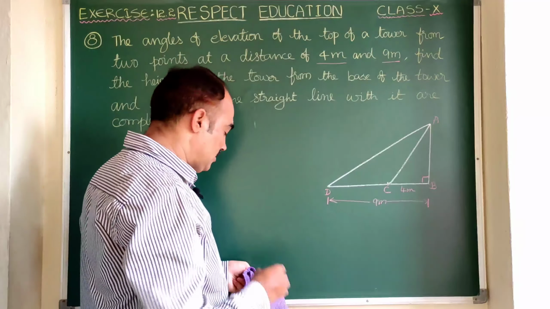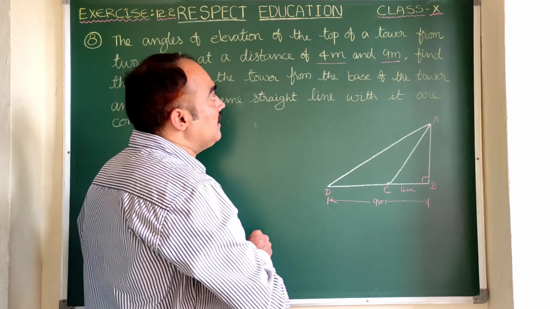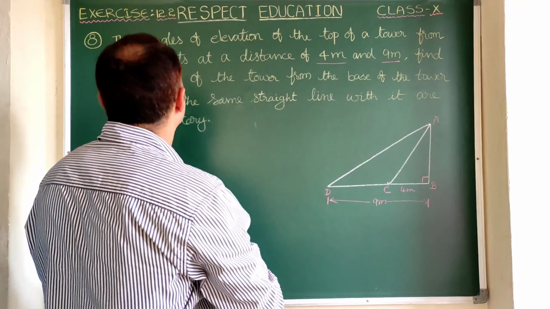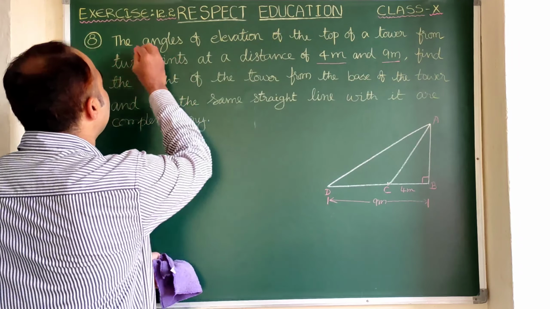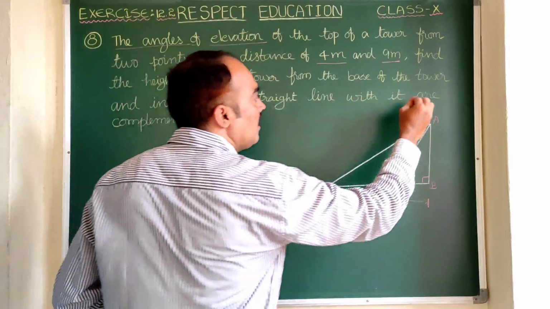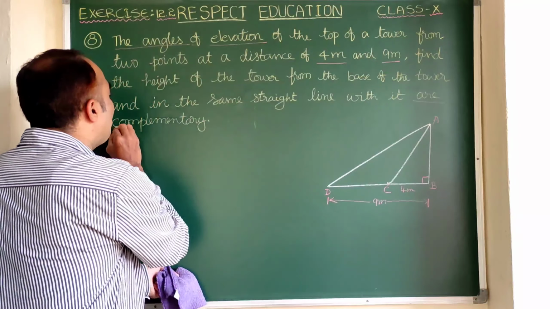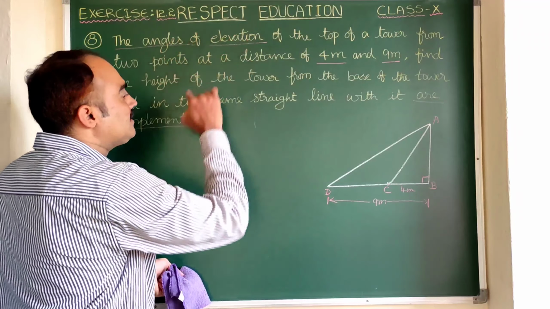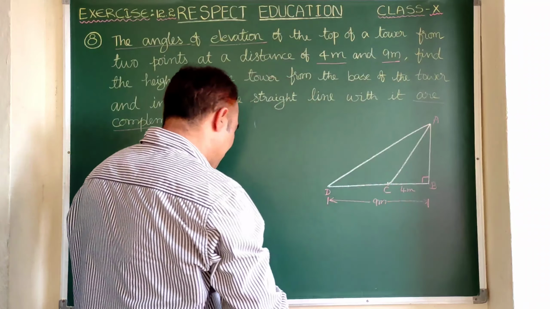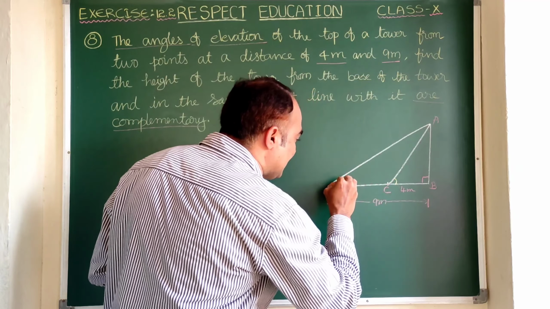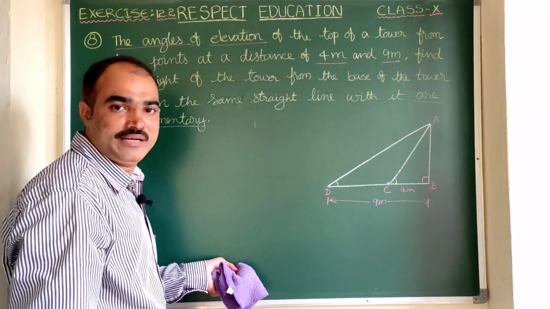Now the given clue is that the angles of elevation are complementary. Do you understand? The angles of elevation, this angle and this angle, both are complementary.